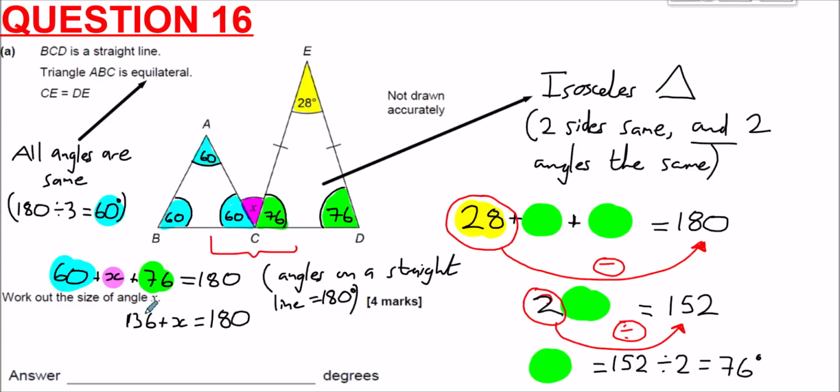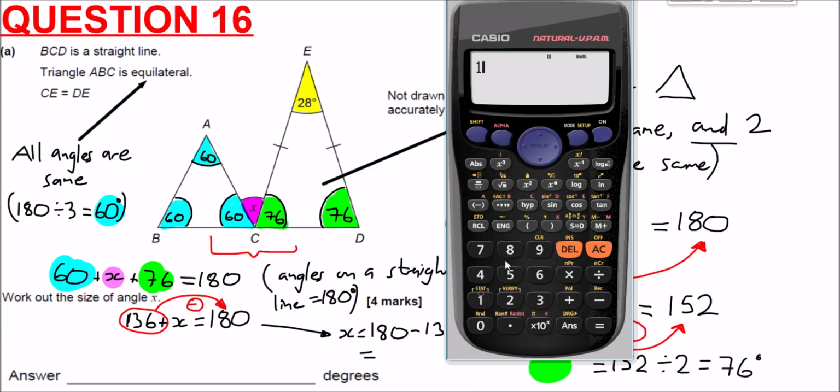Finally, to solve for x, we can move this 136 to the other side of the equation. But once again, if we swap the side, we swap the sign. Opposite of a positive 136 is minus 136. So therefore, x will be 180, take away 136. If we just work this one out now, comes to a total of 44.